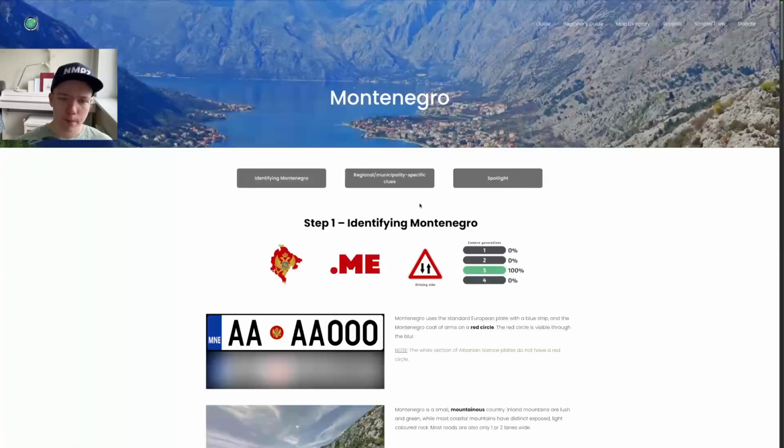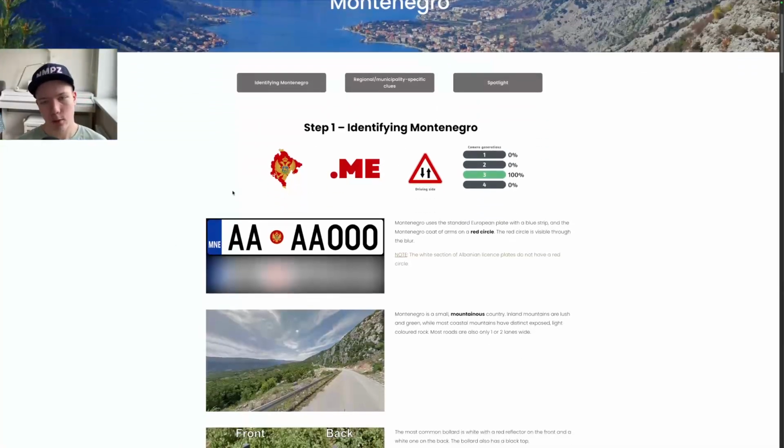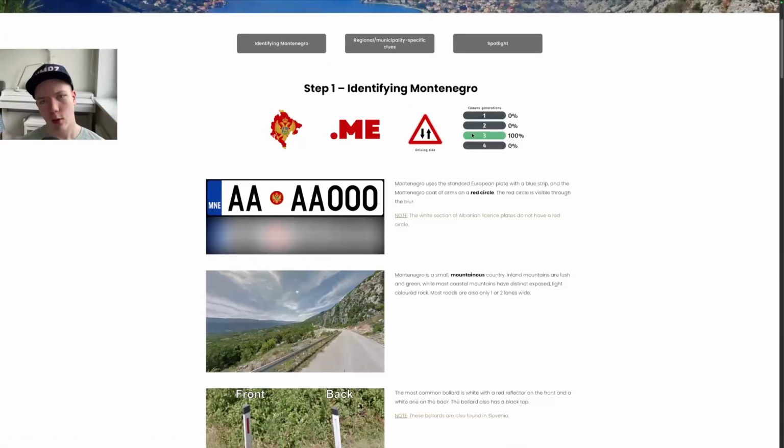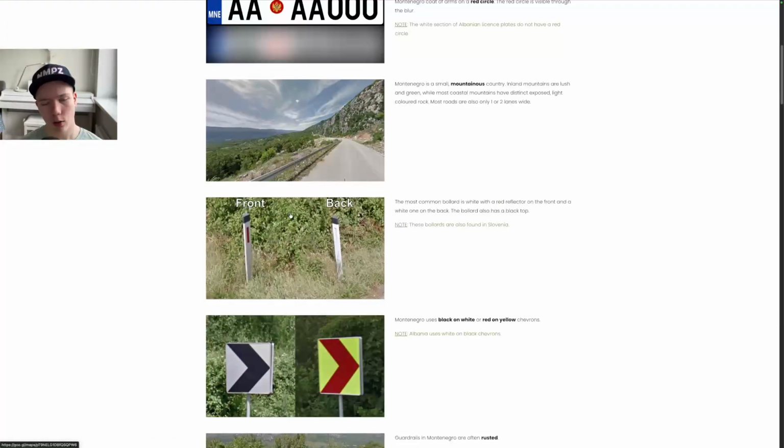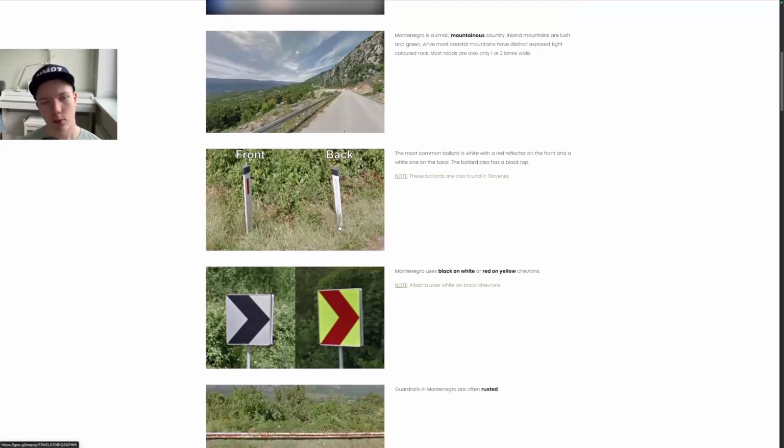Montenegro. Yeah, again, I don't think they're in the EU, but there are the blue strips. Sometimes maybe you can see the coat of arms thing, but not really. Only Gen 3, the one on the right, as every single European country does pretty much, as I already said. But yeah, this is also similar to the Slovenian one.